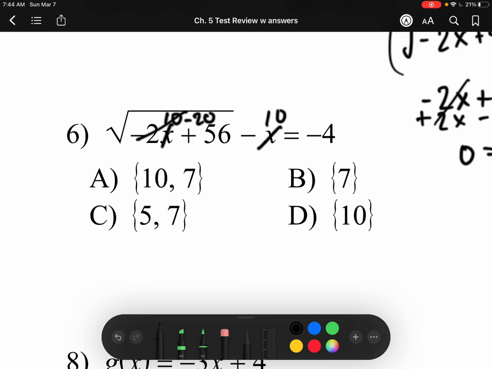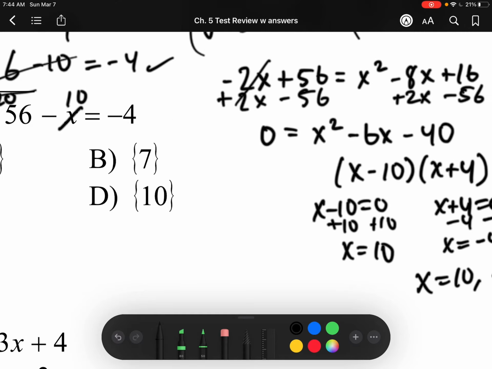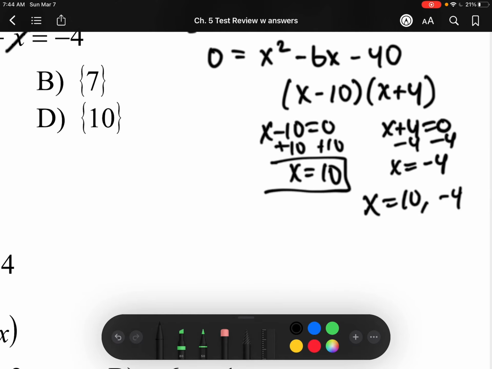So now I have negative 20 plus 56. Negative 20 plus 56 is 36, right? So now it's the square root of 36. The square root of 36 is 6. So then I get 6 minus 10 is equal to negative 4. And 6 minus 10 is negative 4, right? So this checks out. So 10 is a solution.